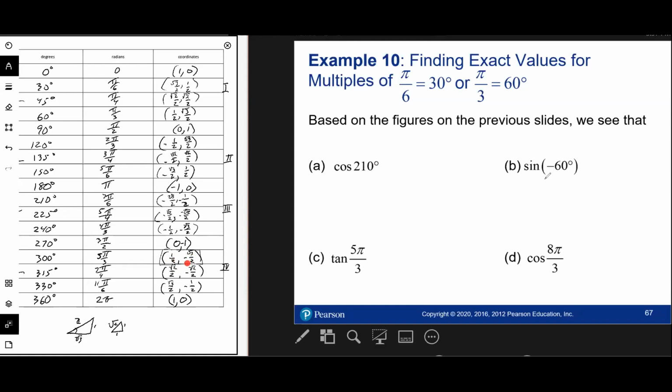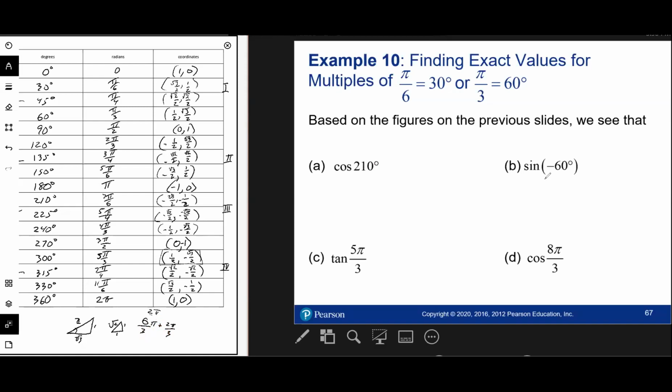And cosine of 8/3 pi. Where's 8/3 pi? Well, that's more than once around. Once around the circle is 6/3 pi, because that's 2 pi. And then we're adding an additional 2/3 pi to get the total of 8/3 pi.